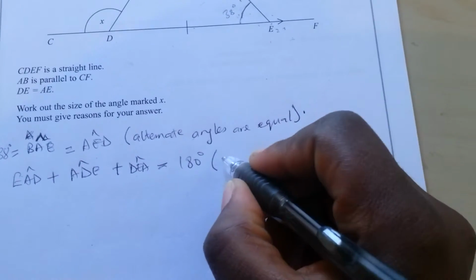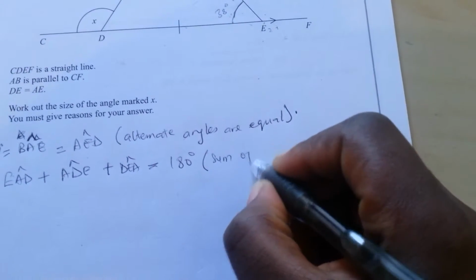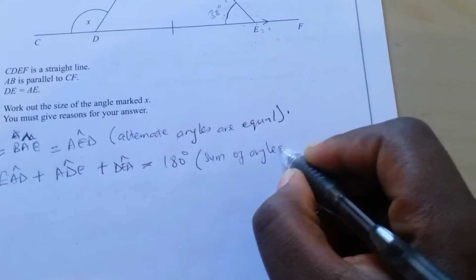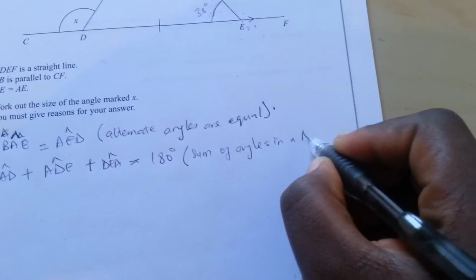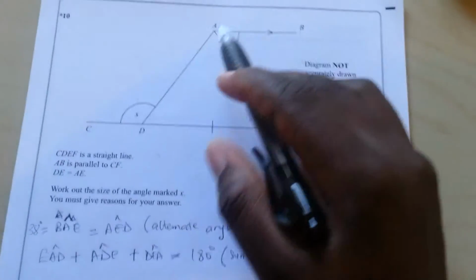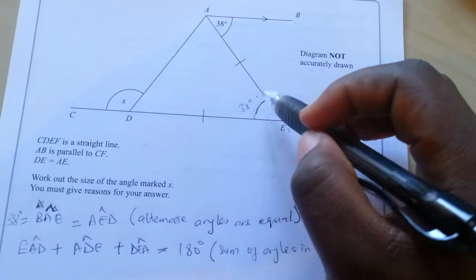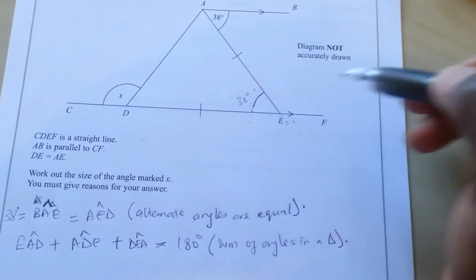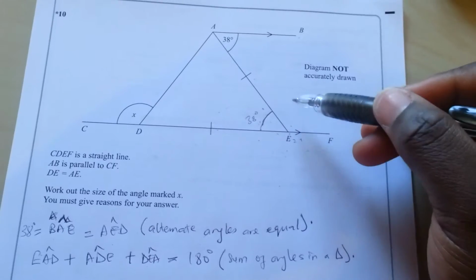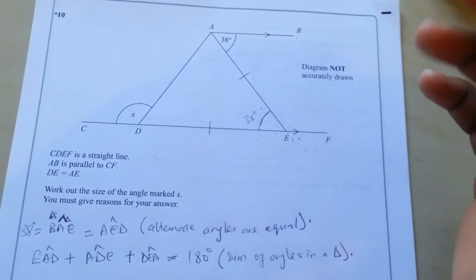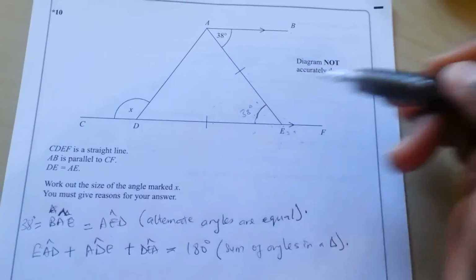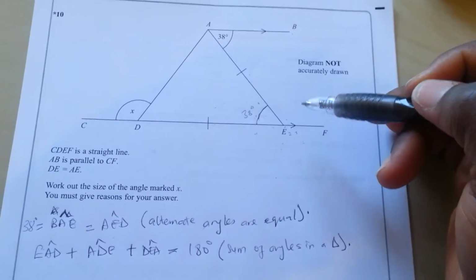Reason being sum of angles in a triangle. Notice a triangle, so sum of angles in a triangle is 180 degrees, but we're given this.